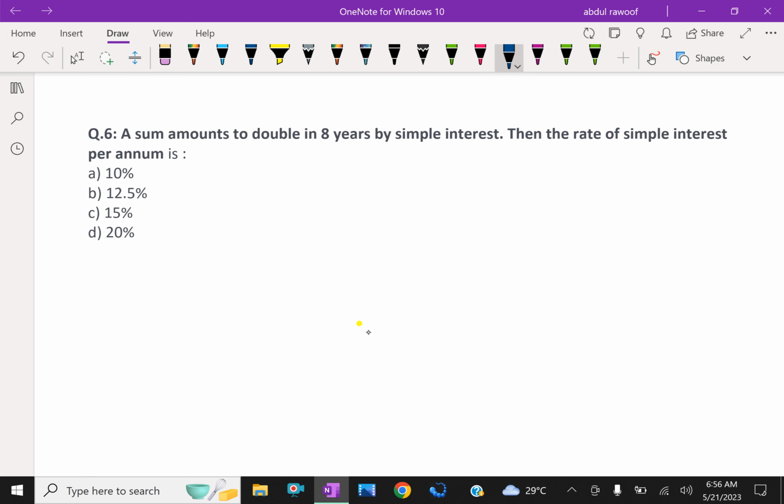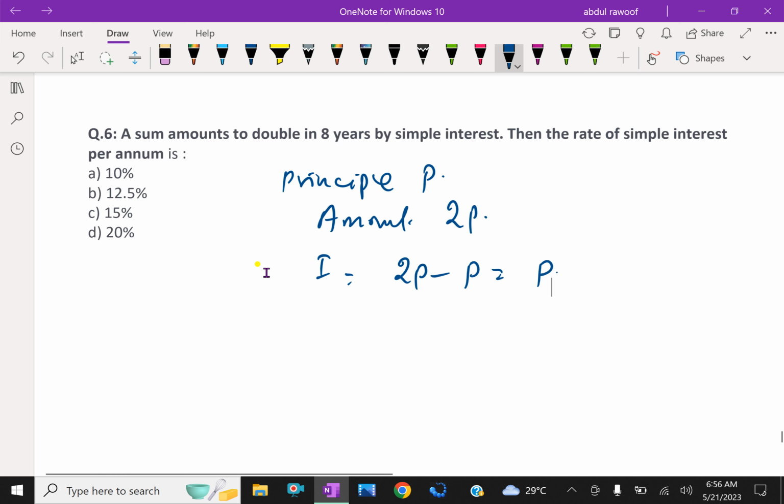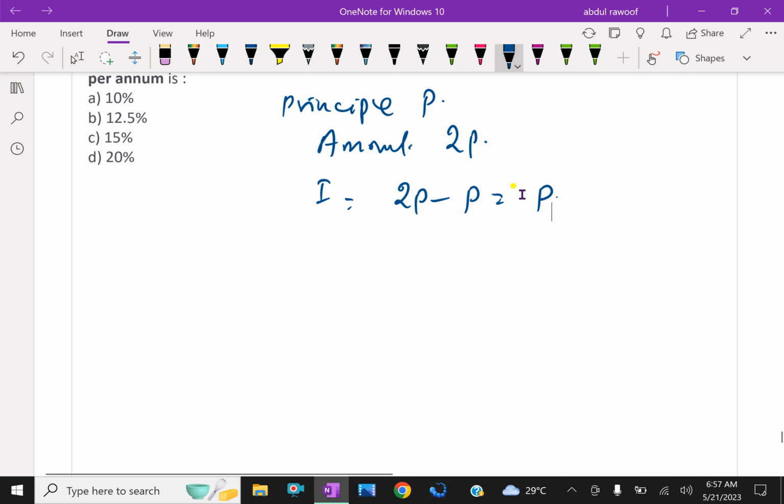Principal equals P. It amounts, that is double, to 2P. Therefore, interest equals amount minus principal, 2P minus P equals P. Then the rate of interest per annum.